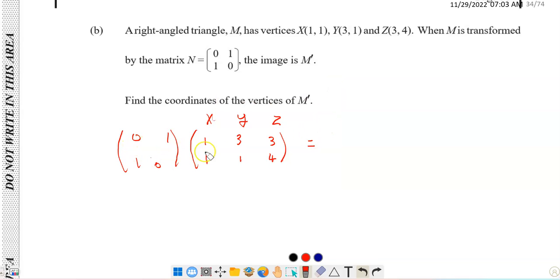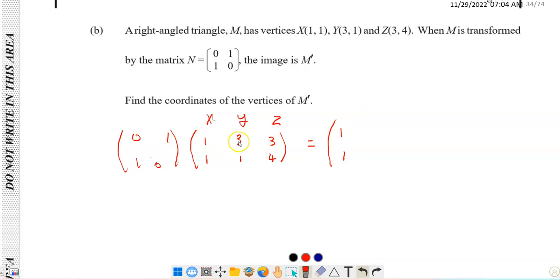So we're going to have row times column. 0 times 1 is 0, plus 1 times 1 is just 1. So that element there is just 1. And then we have 1 times 1 is 1, plus 0 times 1 is just 1.